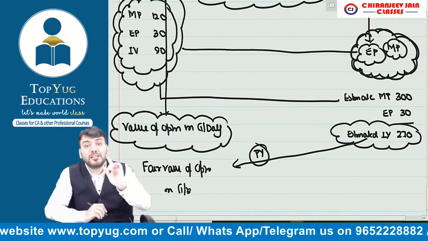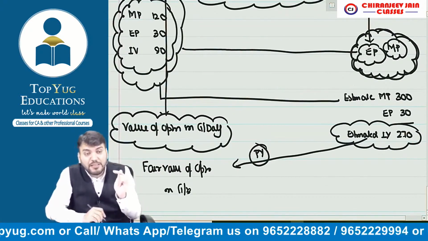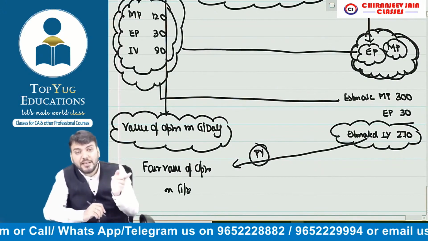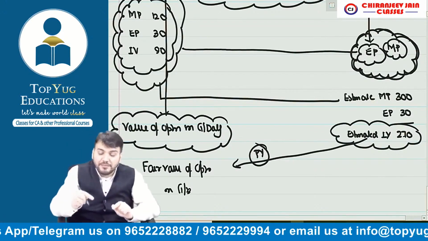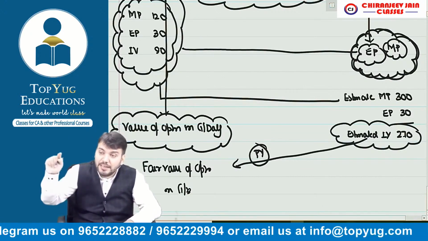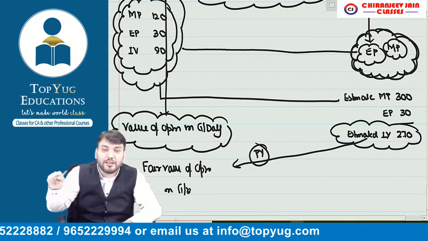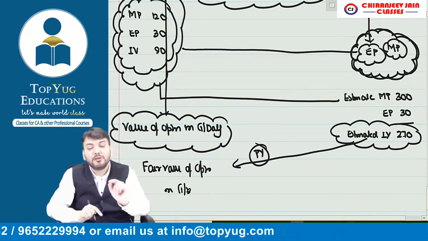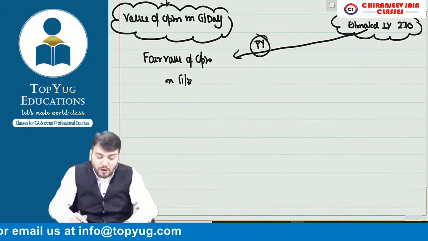We need to estimate the market price. The entity needs to estimate the market price on the exercise day, then find the estimated intrinsic value, and the present value of that on the grant day will be known as the fair value of the option on the grant day. Means there are two concepts.